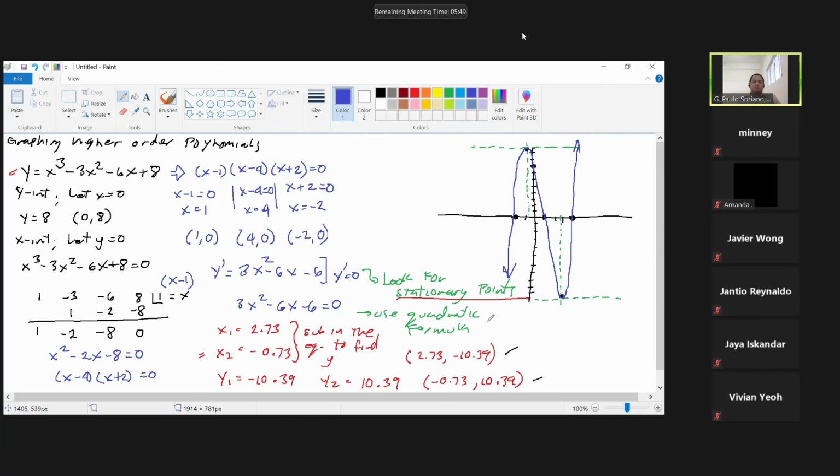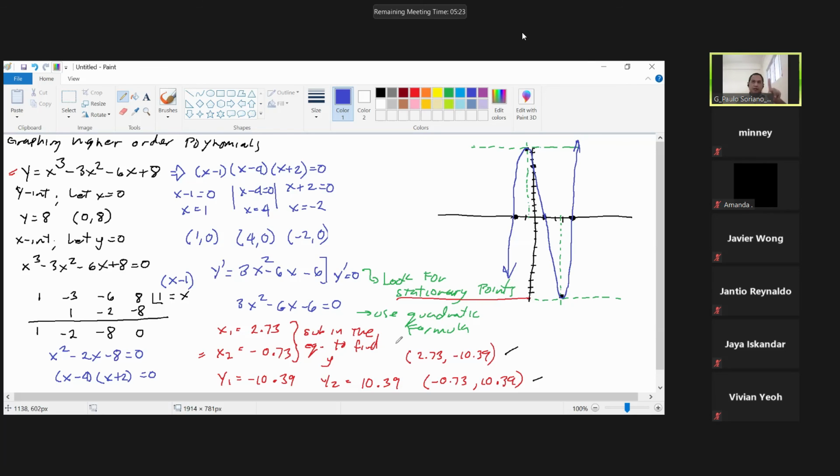Is this clear? Yes. Sure. So the stationary point, a question: is it kind of like the vertex? Kind of, yes, it acts like it. The stationary point again is of two types.